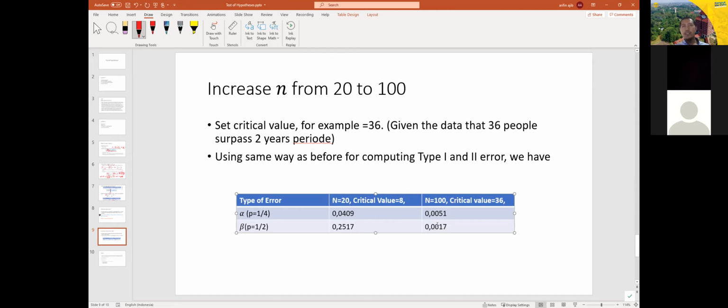So that's the power of sample. So this is very logical and easy to understand. When we have a large sample, we can easily describe the information in the populations.